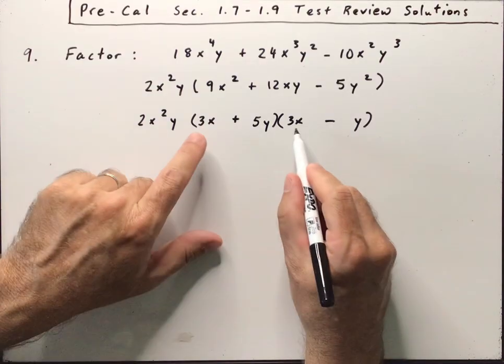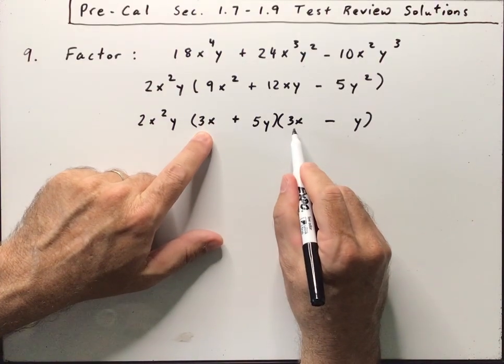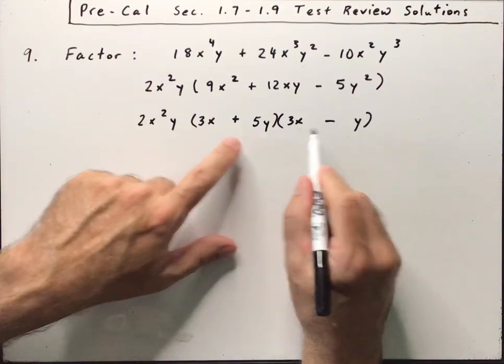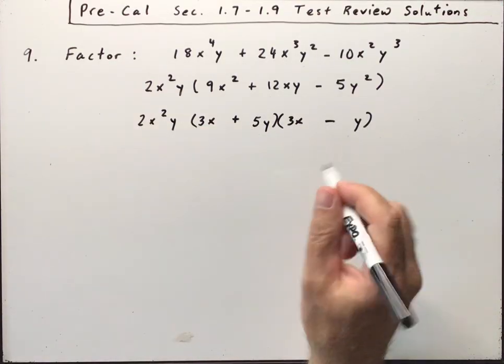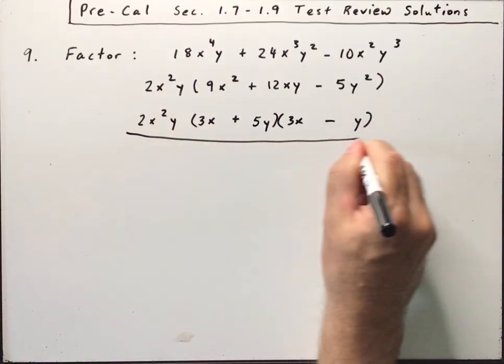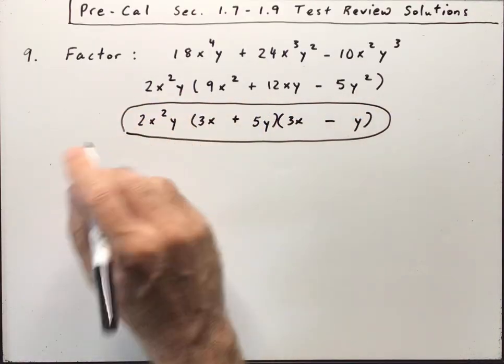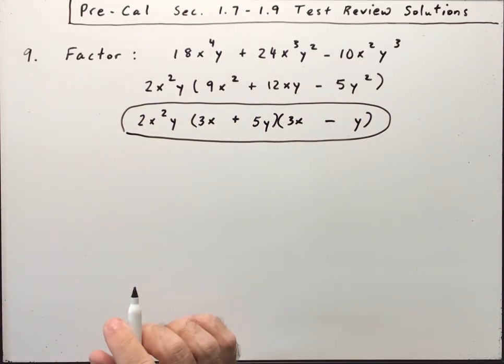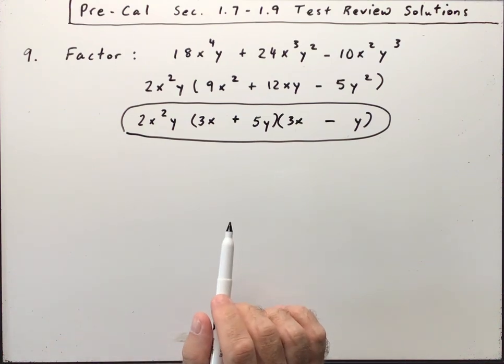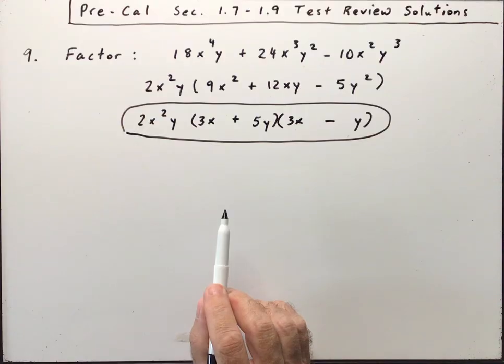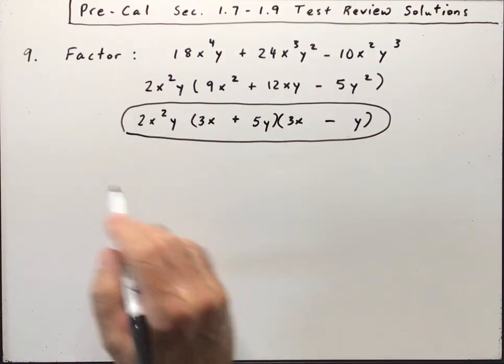So let's double check that by FOILing in our head. So 9x squared plus 15xy minus 3xy gives us 12, and then minus 5y squared. And that's probably one of the toughest ones that you would get. Not the longest one, but it looks pretty ugly, and you have to do some trial and error.